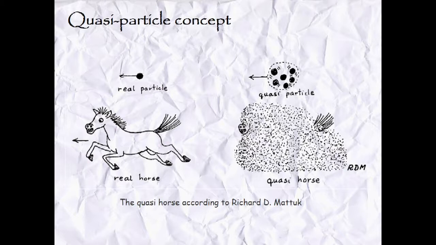So if you ride a horse through the desert, you have this very nice and clean horse, but after a while you will see that this horse is getting dressed with all the interactions on the way, so it's collecting all kinds of dirt in this kind of picture. And you consider the formation of a quasi-particle in the very same sense. You start from a real particle, but then this real particle feels the interactions with all the surroundings.